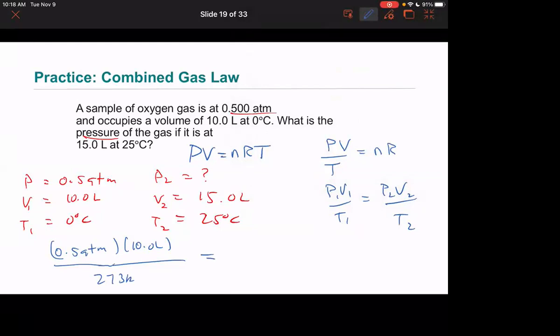And then what do we got? P2 is what we're after. 10 liters and 298 K. So we have 0.5 times 10 times 298 divided by 273 divided by 10. And that should get us P2. What'd you get? Is that what you got? You should get that.